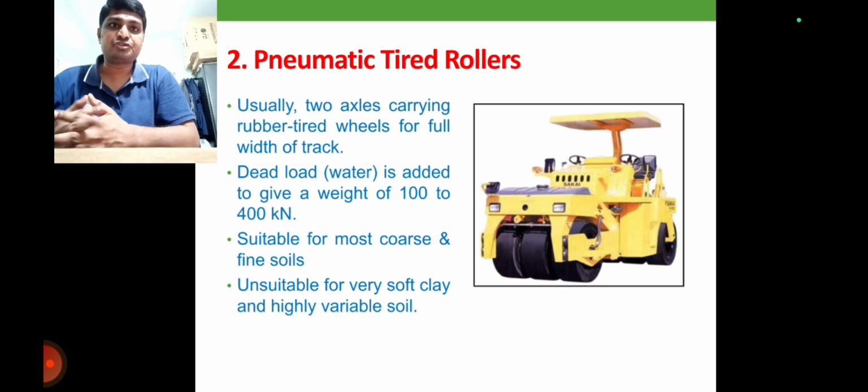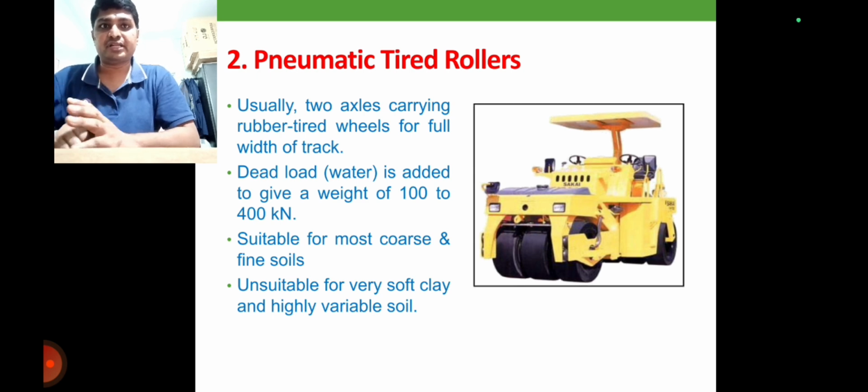The second one is the pneumatic tire roller, which has a number of tires or wheels. These are rubber tires, and the full width of the machine has a number of tires, and their dead load adds a weight of 100 to 400 kN, or 10 to 40 tons. It is suitable for fine soils or coarse soils, and not suitable for very soft clays and highly variable soils.